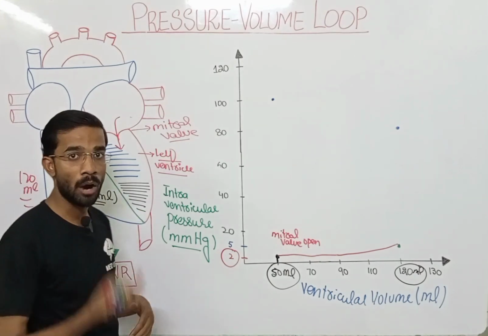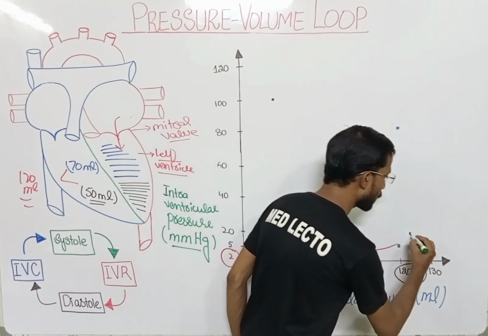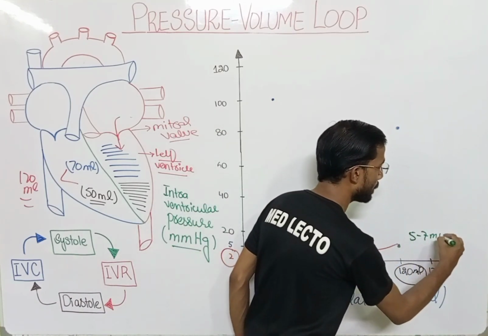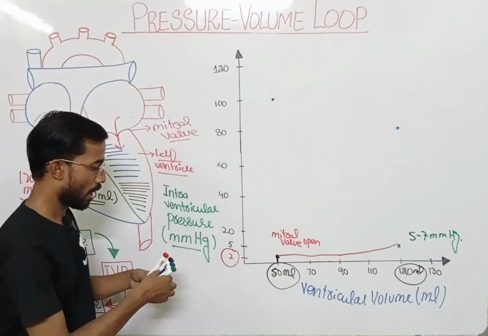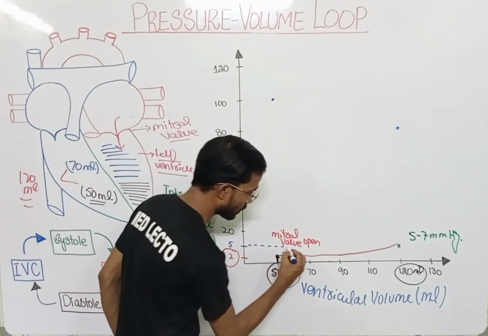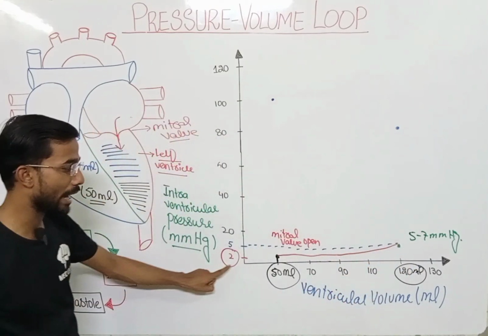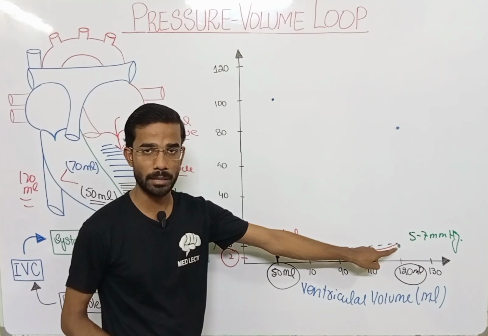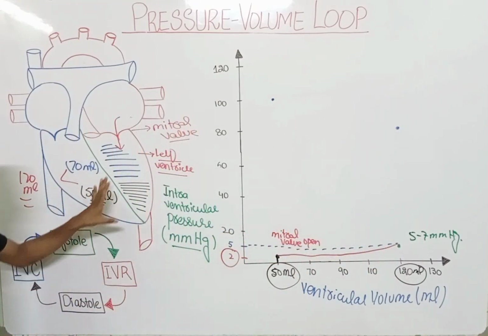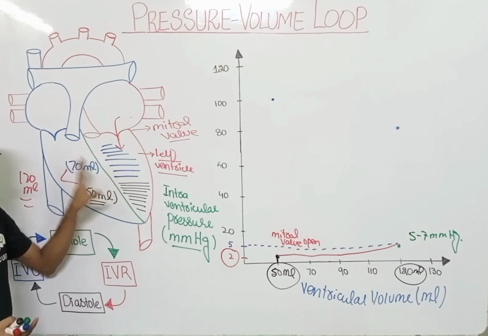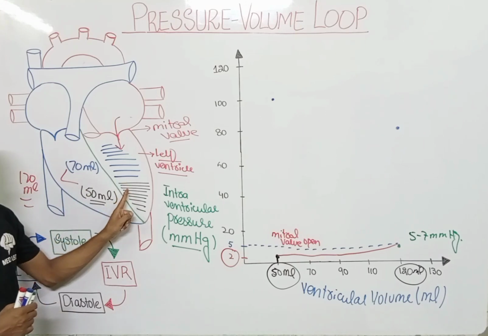The pressure will go to 5 to 7 millimeter mercury. Now this is the process which happens during the diastolic phase of the left ventricle.